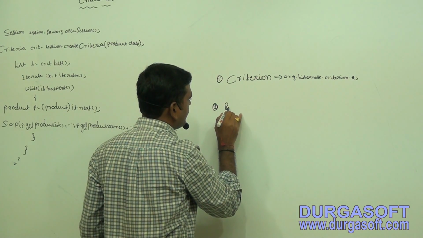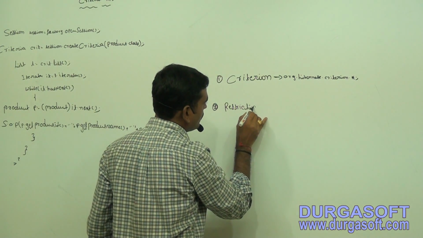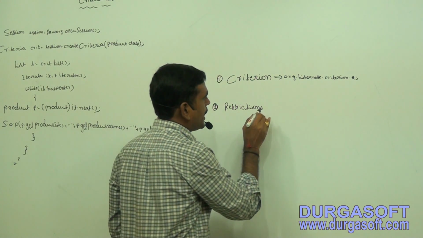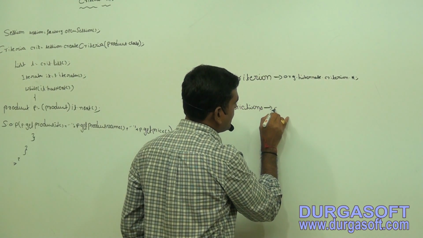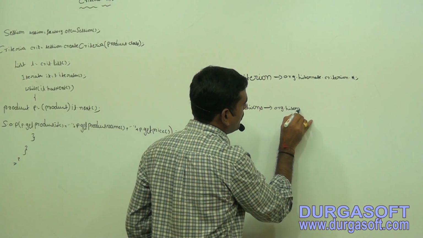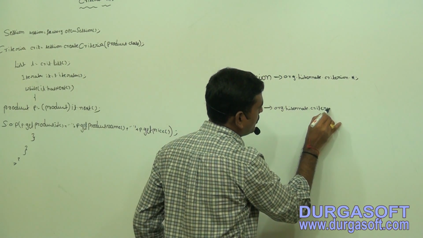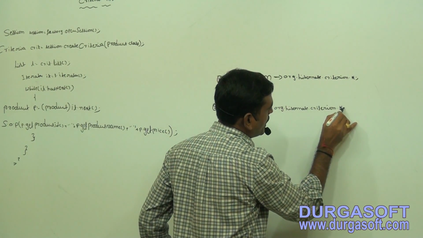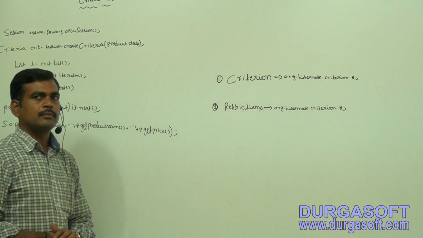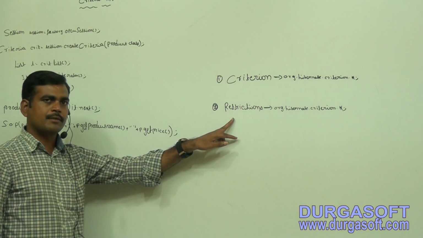Restrictions. Restrictions is a class. This class is also available in the org.hibernate.criterion package, right? This is an interface, this is a class.